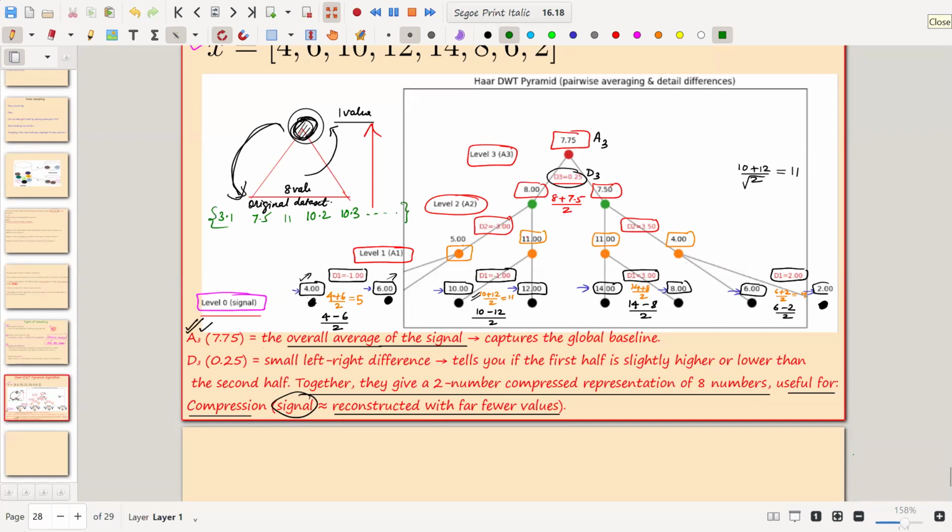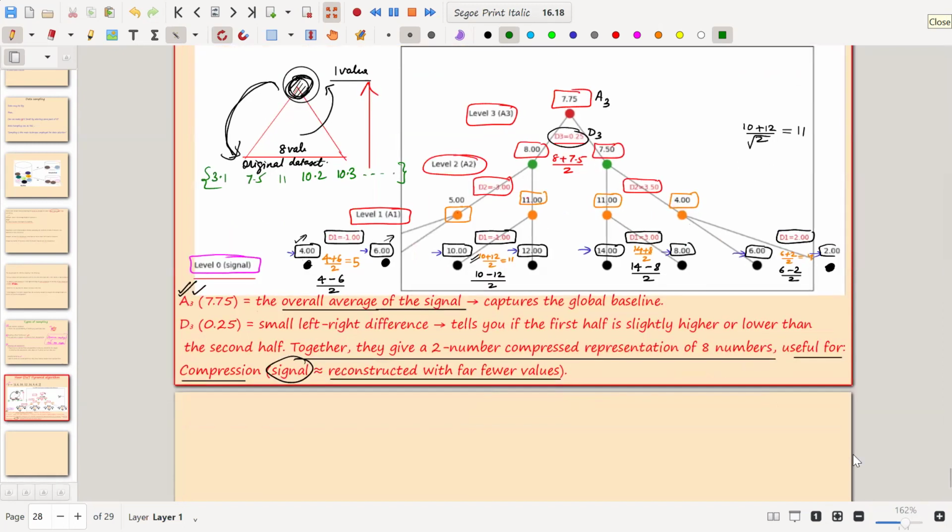This data set will be almost the same as the original data set, but not exactly. So what you understood is that one value is a representative value, because you can reconstruct almost the same data set using similar operations. This is the basic idea of why I am teaching you the discrete wavelet transform: how it can aid in data compression.